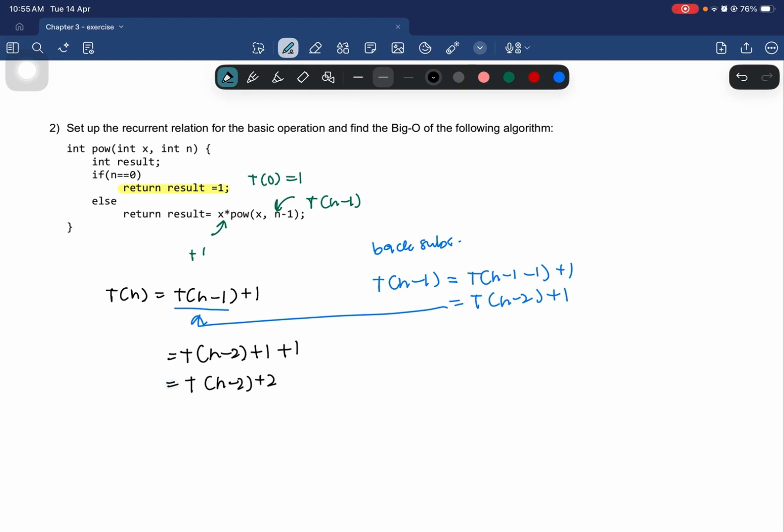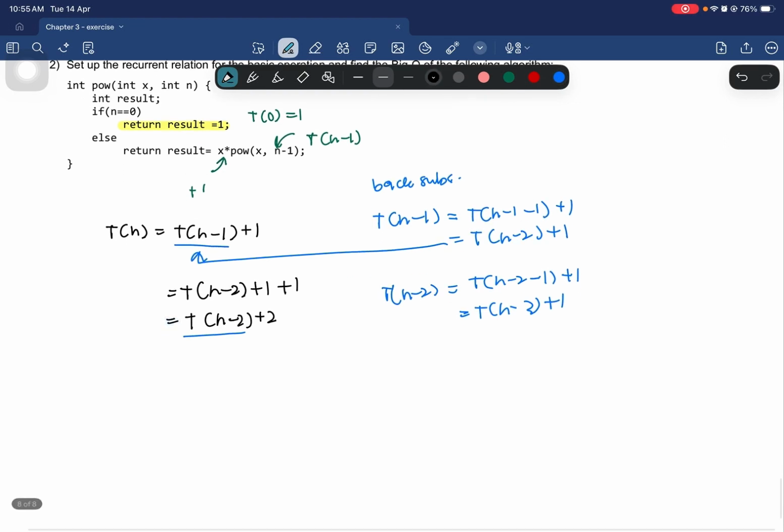Then we need to find T of n minus 2, equal to T of n minus 3 plus 1. Then we substitute, equal to T of n minus 3 plus 1 plus 2. We will get T of n minus 3 plus 3.